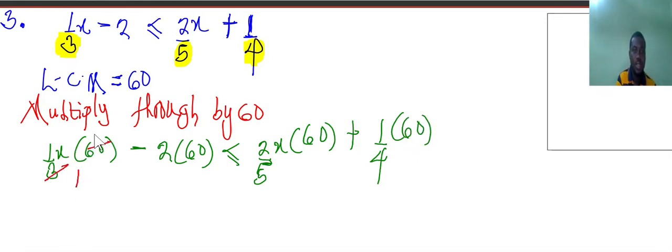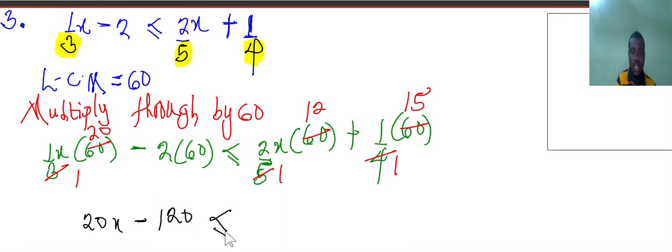3 here 1, 3 in 60 is 20, 5 here 1, 5 in 60 is 12, 4 here 1, 4 in 60 is 15. Now we have 20 times x, that's 20x, minus 2 times 60, 120, less than or equals to 2x times 12, that's 24x, plus 15 times 1, 15.